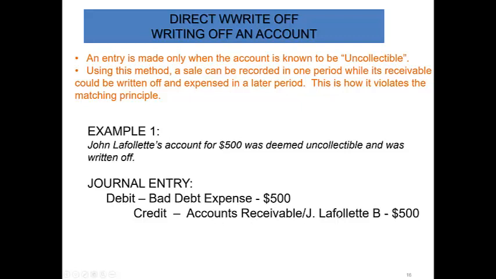So John's account gets credited for $500, and then we're going directly to bad debt expense. Before, in the other methods, we debited allowance for doubtful accounts, but with direct write-off, we go directly to the bad debt expense account.